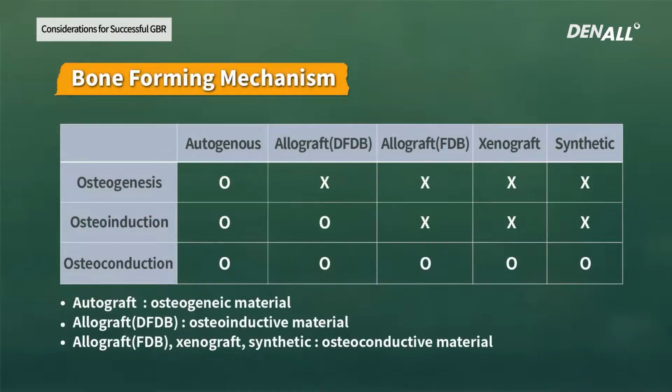Autogenous bone helps in osteogenesis, osteoinduction, and osteoconduction. In some allograft, like DFDB, osteoinduction is possible, and the rest contributes in osteoconduction. It creates and maintains space to encourage bone formation. The rest, allograft, xenograft, and synthetic bones contribute to bone formation this way.